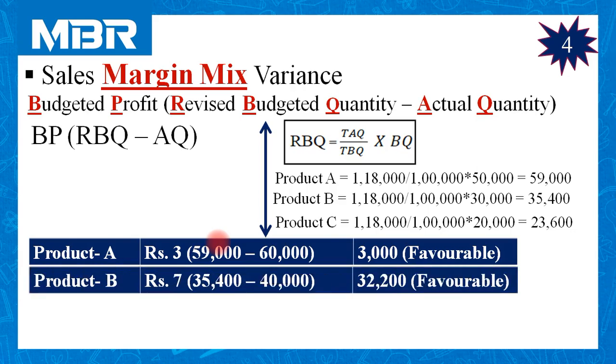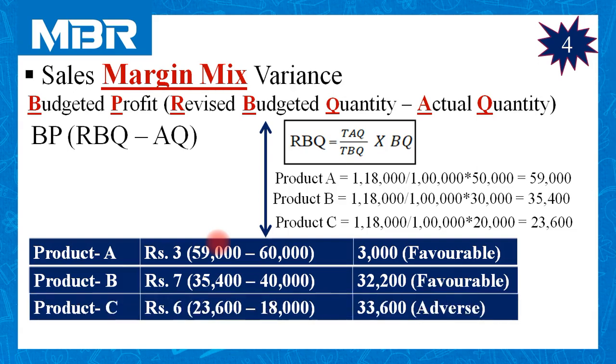Now for B, it is also favorable by 32,200 rupees. And for product C, 33,600 adverse, because as compared to revised budgeted quantity, our actual quantity is less, and when we are selling less, it affects our profit adversely.